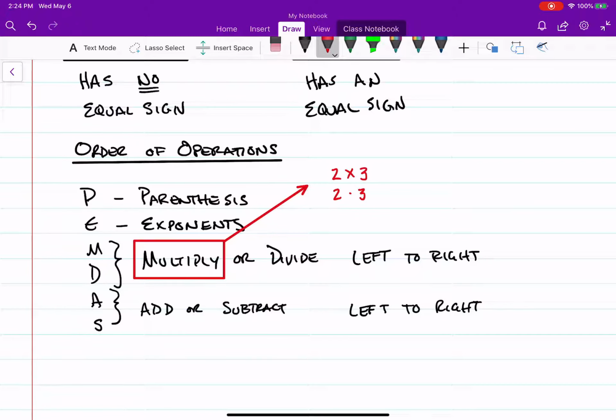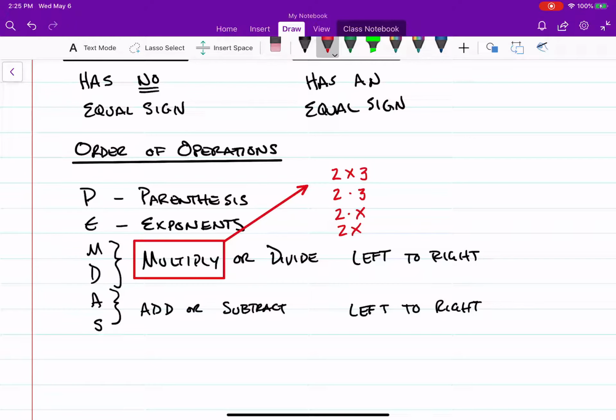You can also see this with variables, which are letters, and this is where the algebraic expression comes into play. An algebraic expression that you might see is like 2 times, let's say, x. You might see that dot in the middle, but you might also not see the dot in the middle. That is also meaning multiplying.